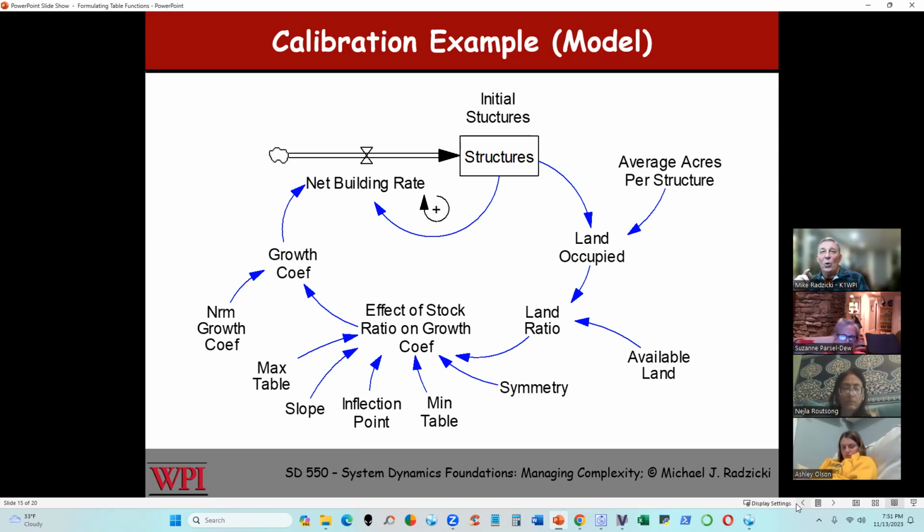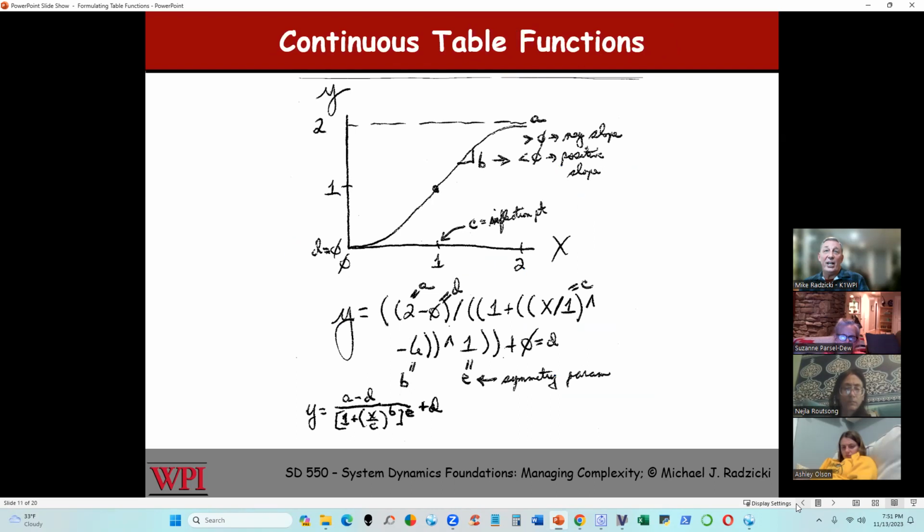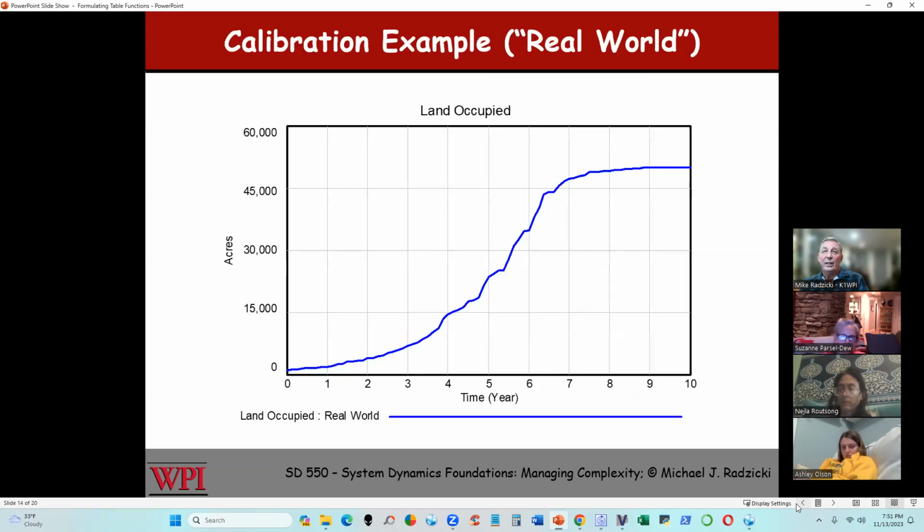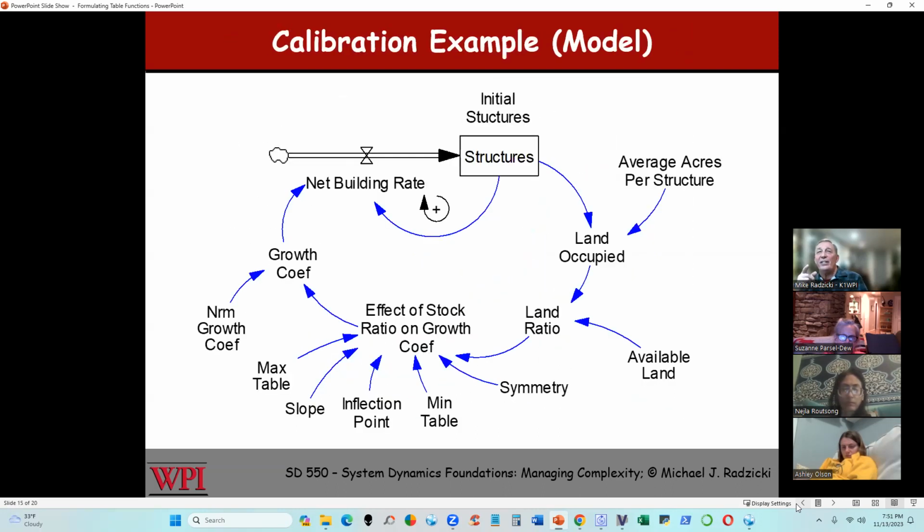So I say, aha, I can take this functional form with A, B, C, D, and E, and put it inside of effect of stock ratio on growth. So max, slope, inflection, symmetry, and all that. I guess I could have said A, B, C, D, E if I wanted.